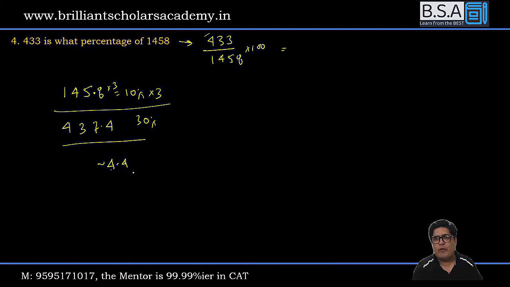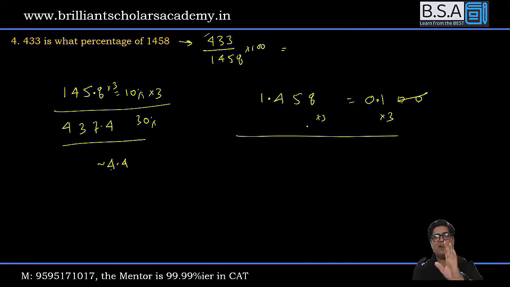Now, how do you create 4.4? Look at the number 1458. The number is 100%. So I need to go below, so I'll have to put a decimal here. So 0.1% is equal to this. I need 4.4. How can I generate 4.4? Make it 3 times. You can cancel a couple of decimals now, it does not matter much. Multiply it here: 15 carried over 1, 12 plus 1 is 13, carried over 1. 4.35 is equal to 0.3%.